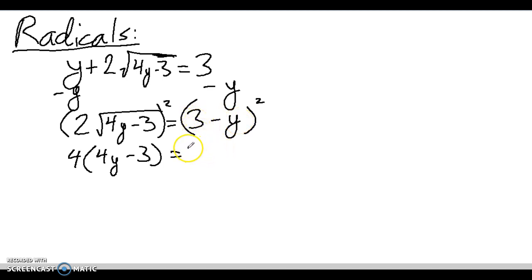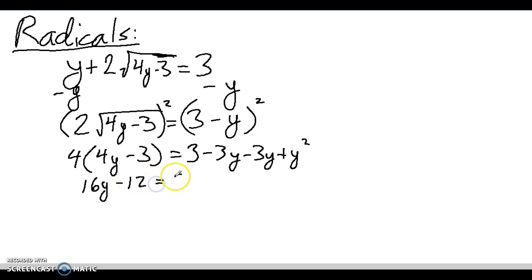We get 3 squared, 3 times negative y, so minus 3y, another 3 times negative y, which is minus 3y, and plus y squared. So just combine like terms and distribute that 4. We have 16y minus 12 is equal to 3 minus 6y plus y squared.